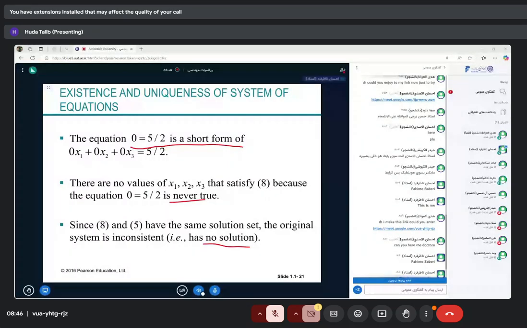Yeah, our solution will be the same. Okay, that's okay. But you need to follow. You need to learn this strategy, elimination. Because in the exam you will be asked to solve the questions using this method.